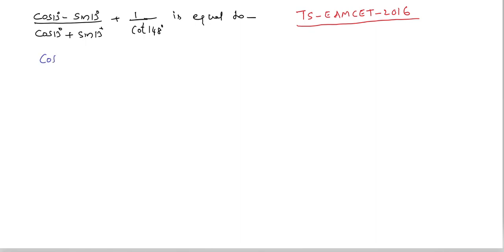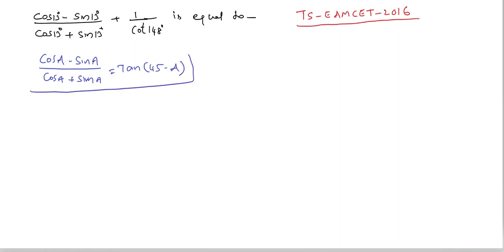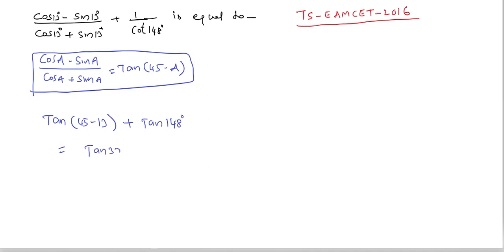We know that cos A minus sin A by cos A plus sin A is equal to tan of (45 minus A). So applying this formula, cos 13 minus sin 13 by cos 13 plus sin 13 is tan of (45 minus 13) plus tan 148 degrees, that is tan 32 plus tan 148.